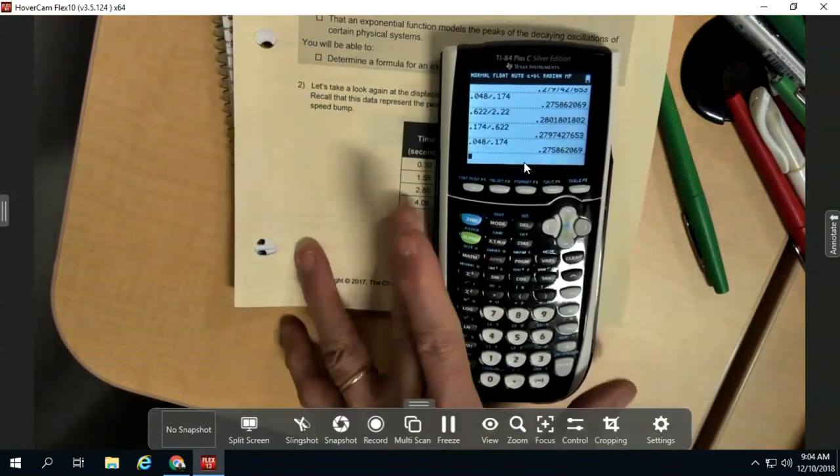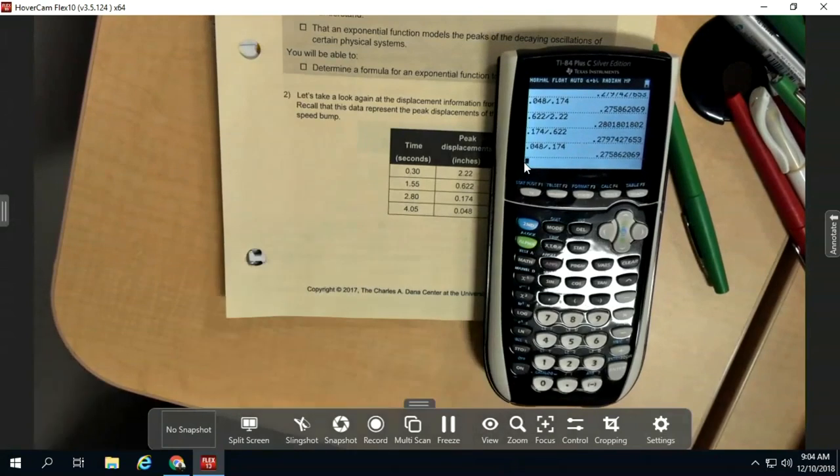So, if you notice, each one of them is 28% of the previous one. If that is true, you should be able to take this 0.758 and multiply it by 0.048 to get the next one down in the table. So let's fill in the next one in the table.